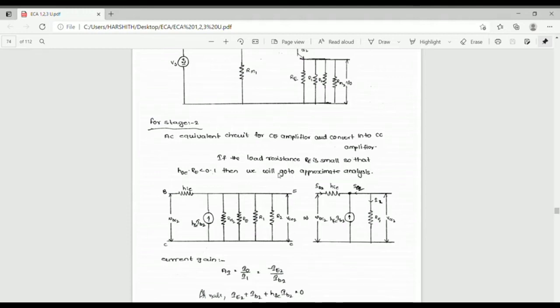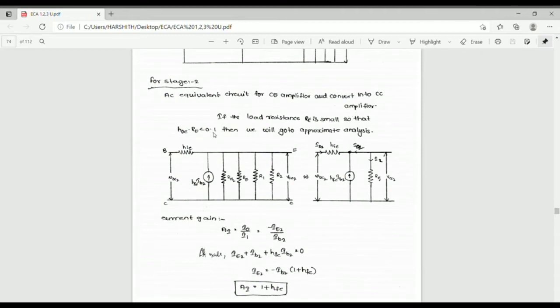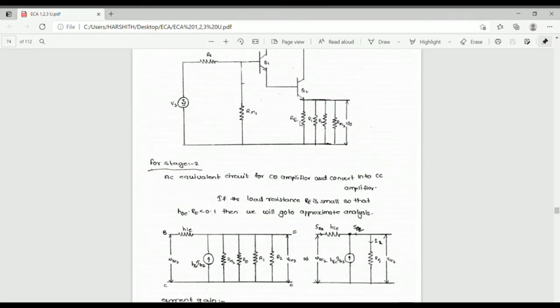If the load resistance RE is small, so that HOE into RE is less than 0.1, where RE is very small on the output side, so we can take HOE RE less than 0.1, then we can go to the approximate analysis.